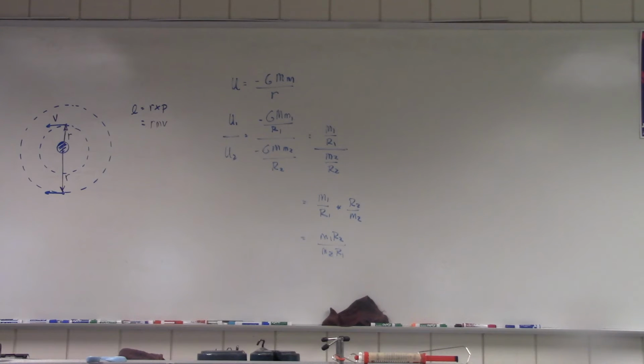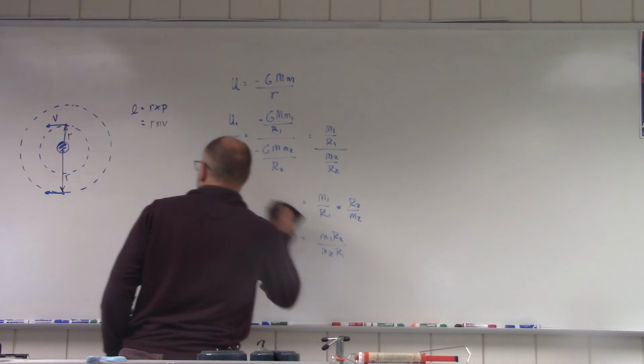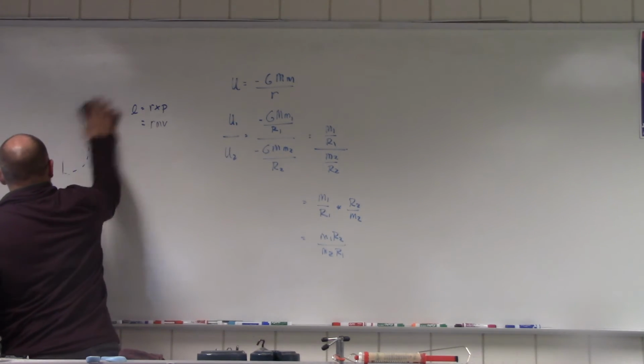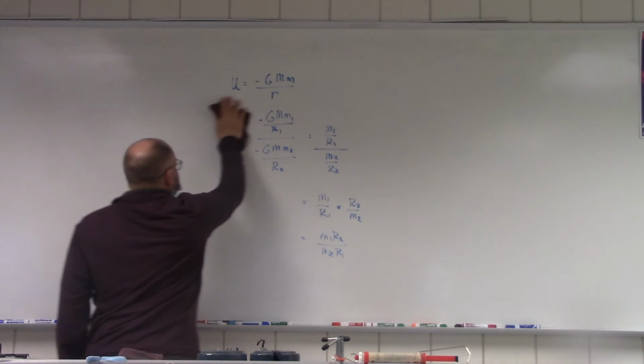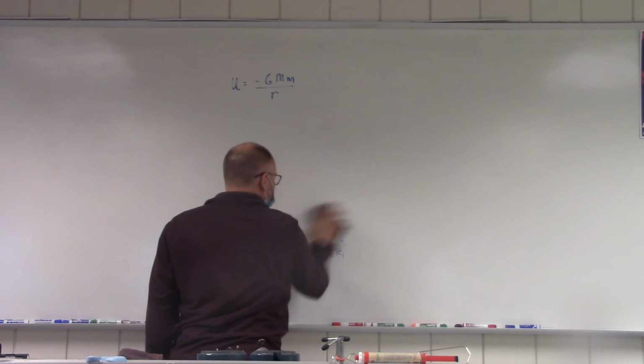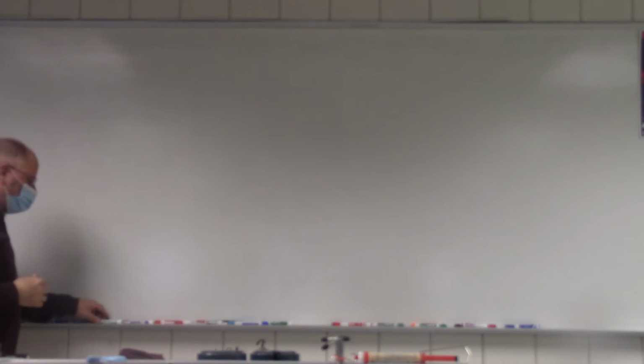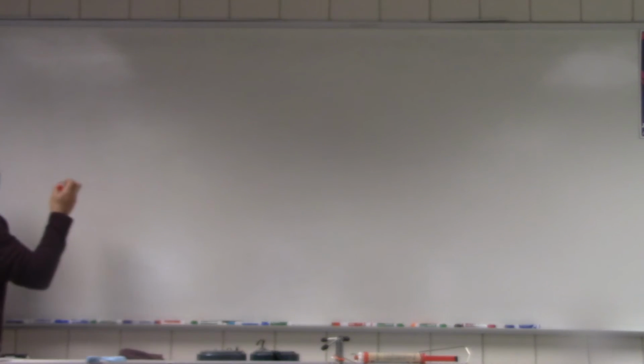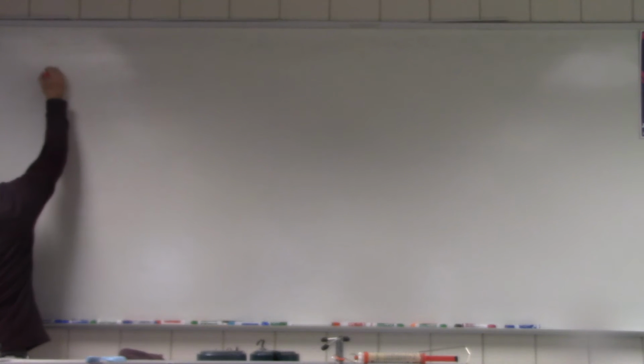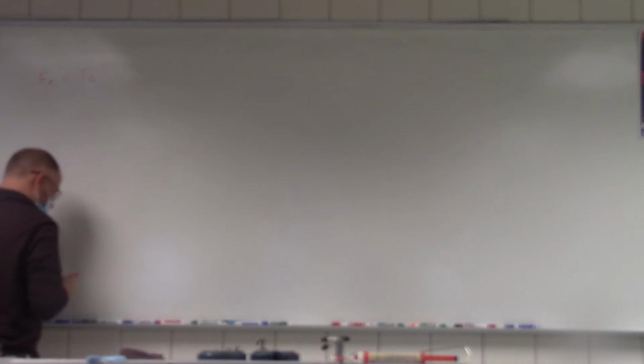All right, this one's at least 2 parts. One of the things I want to realize right away is that because it's in circular orbit, the centripetal force is the gravitational force.